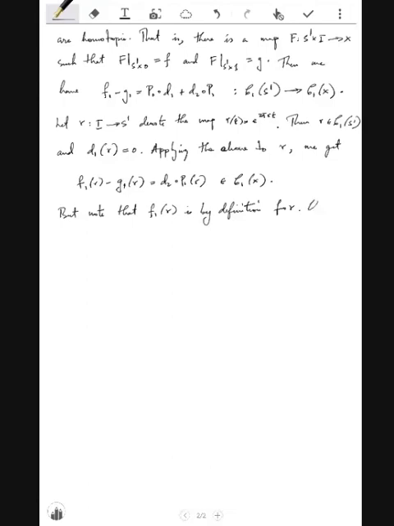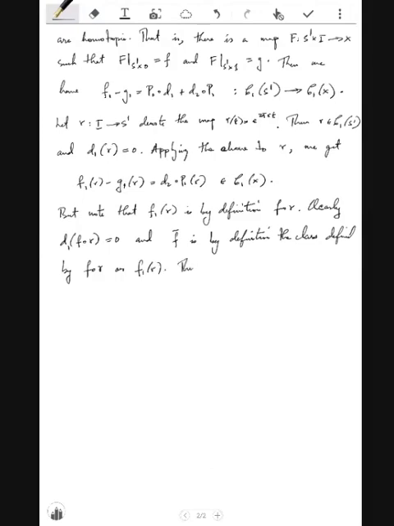And clearly the boundary of f composed with gamma is 0, and the class f bar is by definition the class defined by f composed with gamma, or f1 of gamma.